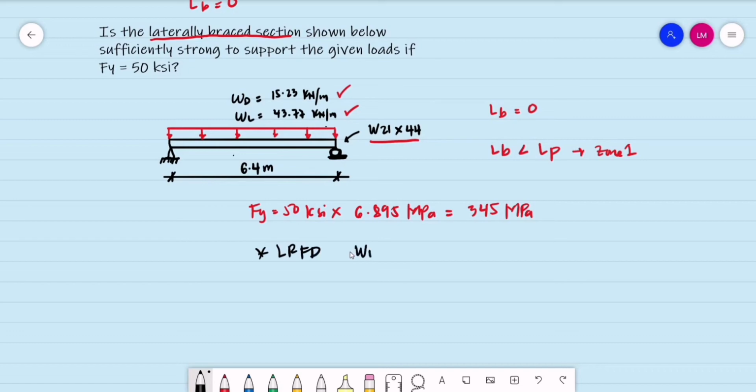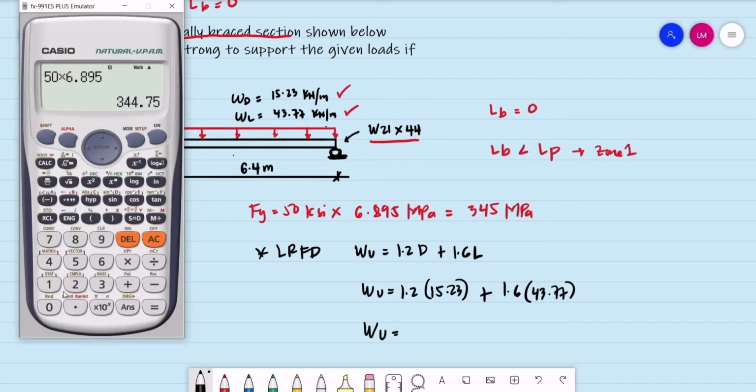As we have W sub U, the ultimate uniform load is equal to 1.2 of the dead load plus 1.6 of the live loads. So W sub U is equal to 1.2 of the 15.23 kilonewtons per meter plus 1.6 of 43.77.